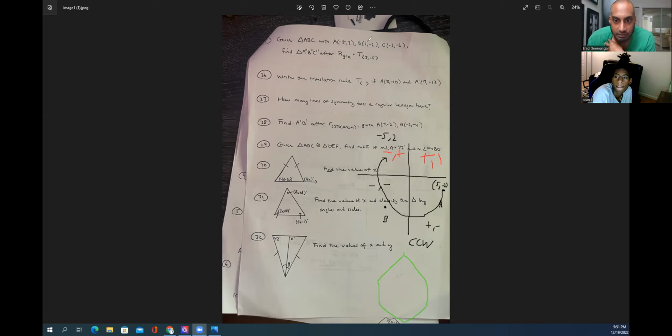Okay, that's it. So this is A prime right here, right? Yeah, and then B prime would be 3 and 4. For B prime, we're gonna take -3, -4, which is down here. So it's going from the lower left quadrant to the lower right quadrant, right?